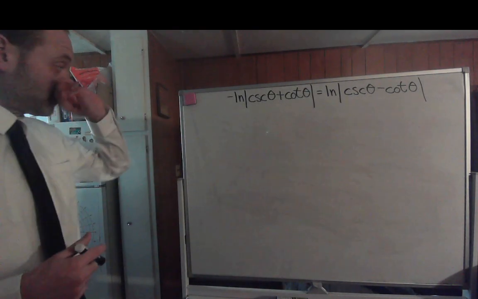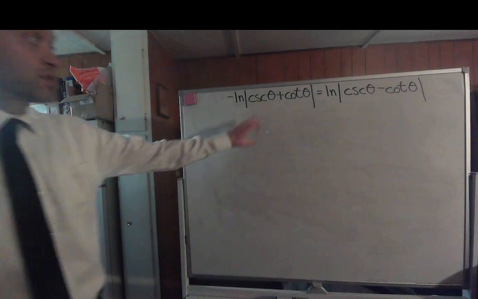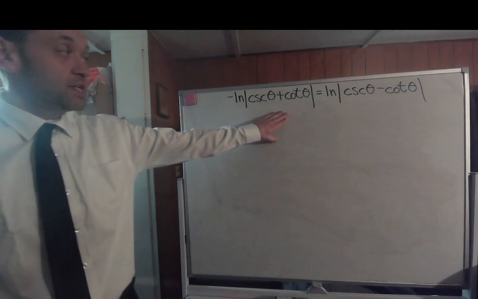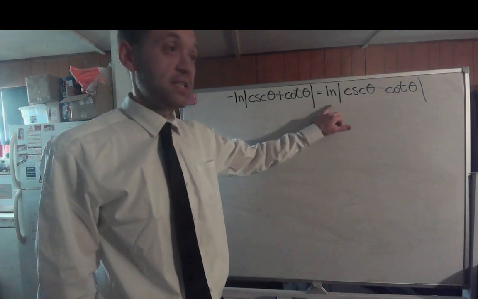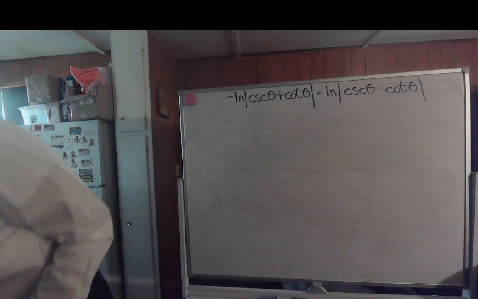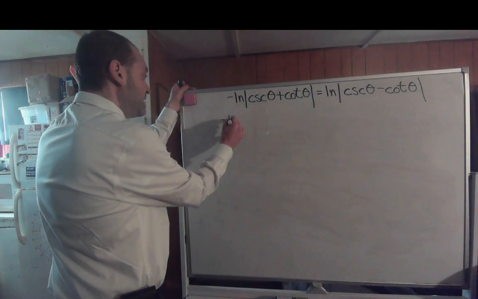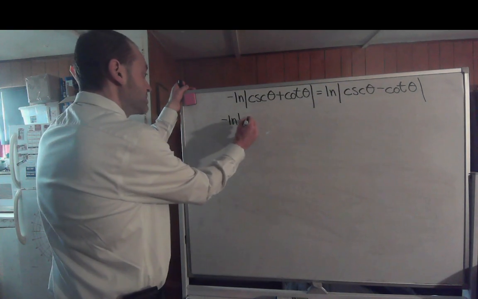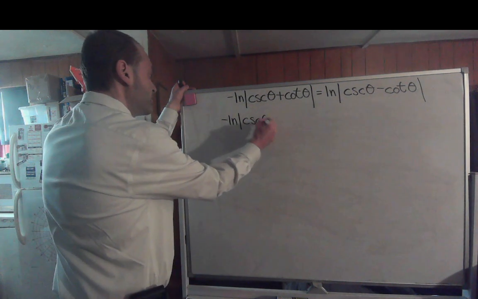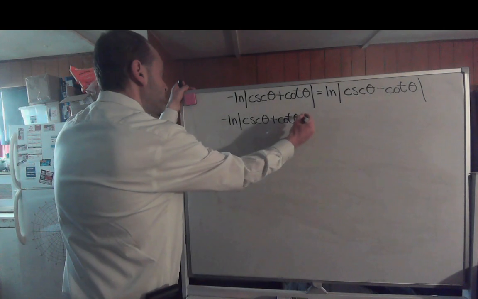So we're going to verify that the negative natural log of the cosecant of theta plus the cotangent of theta equals the positive natural log of the cosecant of theta minus the cotangent of theta. So let's start writing out the left-hand side. Negative natural log of the absolute value of the cosecant of theta plus the cotangent of theta.